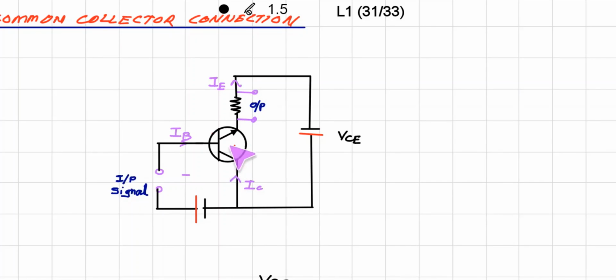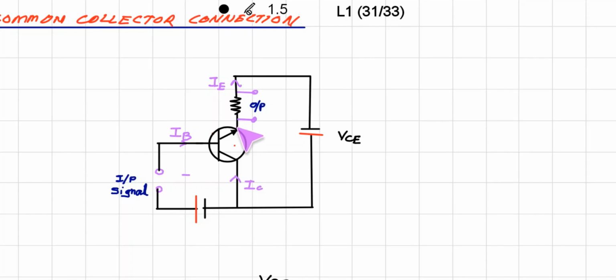Here this transistor is again NPN type. Remember that we can draw the circuit for PNP also as well as NPN. We are considering NPN. We know that the base junction must be forward biased. The base region is P, so P is connected to positive, and the common collector is connected to negative.